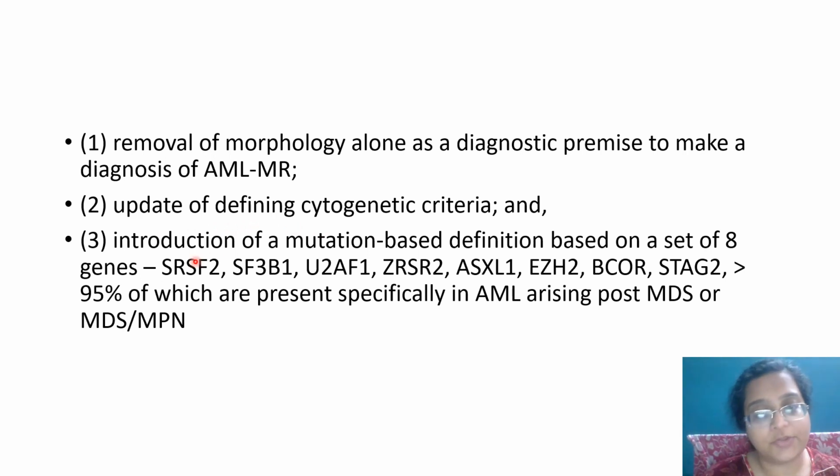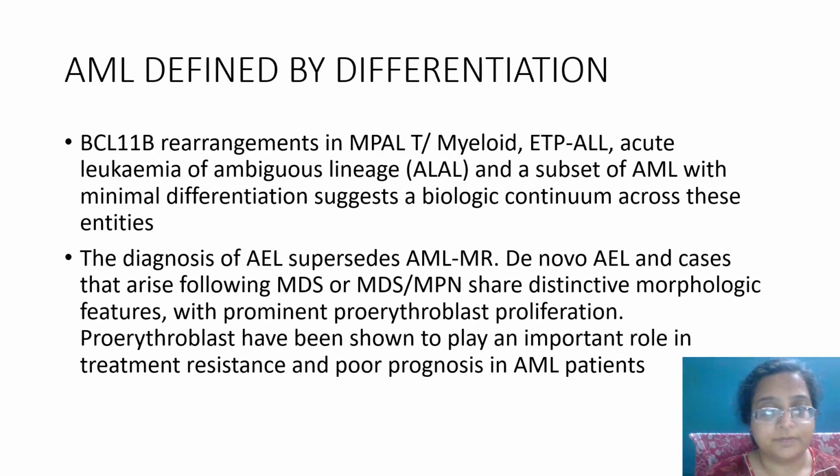They have updated the cytogenetics and introduced somatic mutations, SRSF2, SF3B1, U2AF1, seen in more than 95%. These are add-ons. The cytogenetics are updated, somatic mutations added, and only morphology has been removed. And then a new criterion for AML with MDS related changes has been introduced.